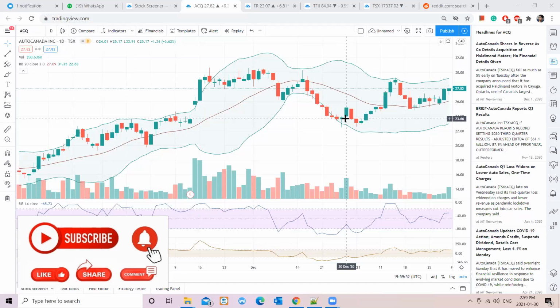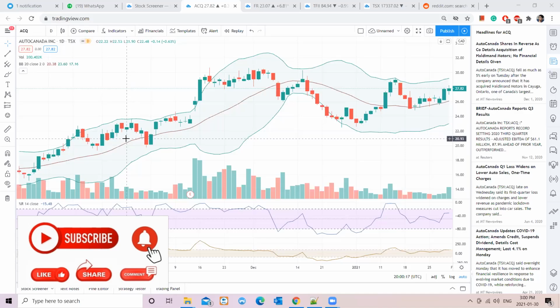Right? Now when this support gets violated, you look at the previous support, which is at 20, in the first week of November and mid of October. Come lower down.